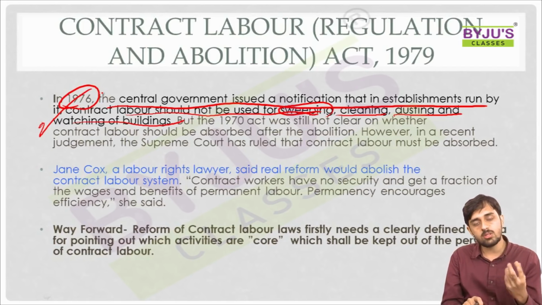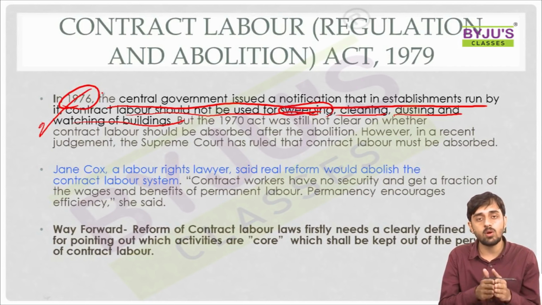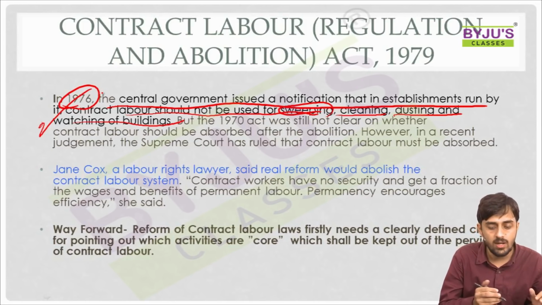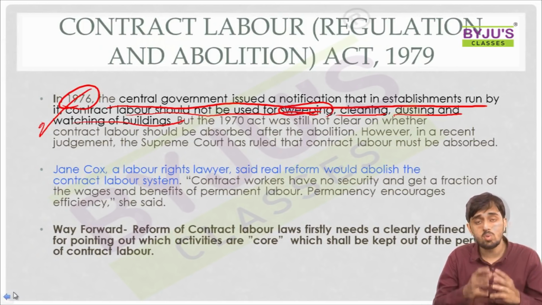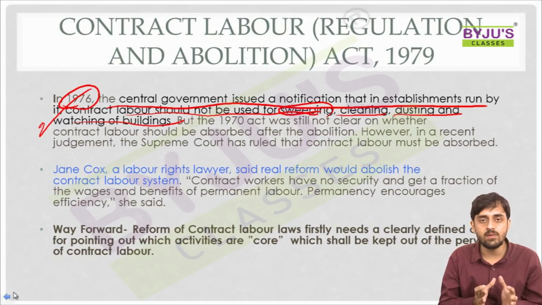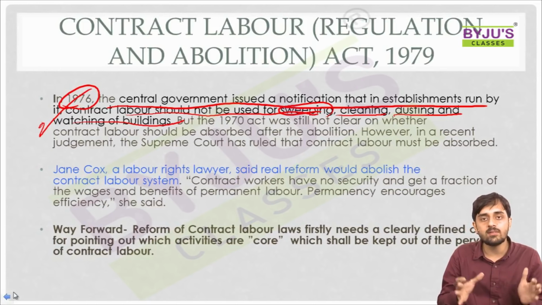And one of the problems with respect to the Contractual Labor Regulation and Abolition Act 1979 is the fact that a large number of activities which are actually core activities are also today being outsourced, and contractual workers are being hired for them. To that extent, that is a major problem of the non-implementation of the Act. The way forward is for the law itself to clearly define what are core activities and what are non-core activities for the major sectors of industry.